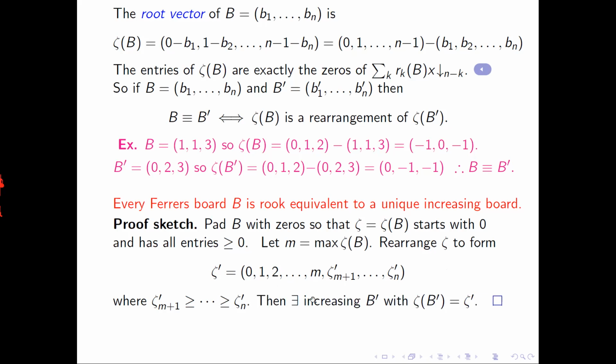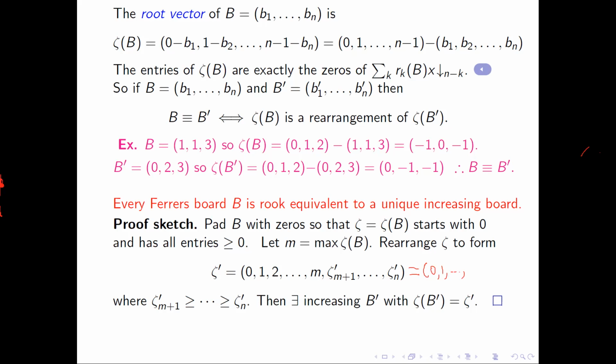My claim is there exists an increasing board B prime with root vector of B prime equal to zeta prime. Indeed, it's because this thing equals 0, 1, up to n minus 1.